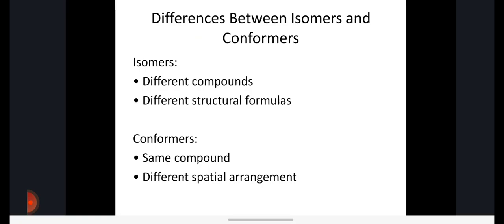So the differences between isomers and conformers are straightforward. Isomers have the same molecular formula but different structural formulas, whereas conformers have the same molecular and structural formulas, but they differ in spatial arrangement, which is all about a twist in the carbon-to-carbon bond.